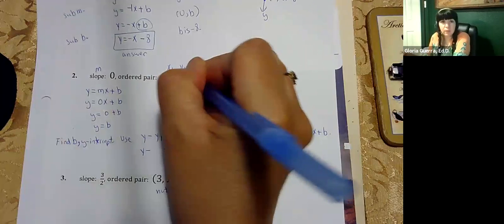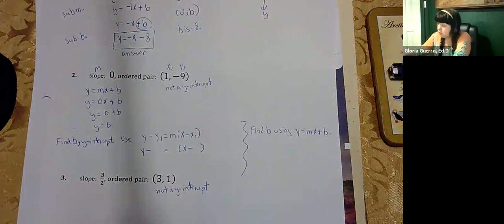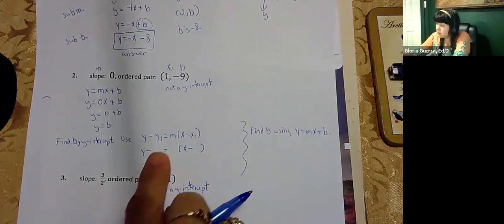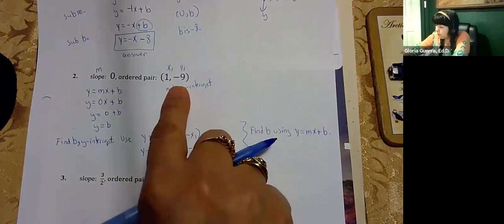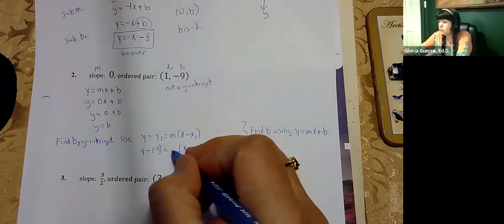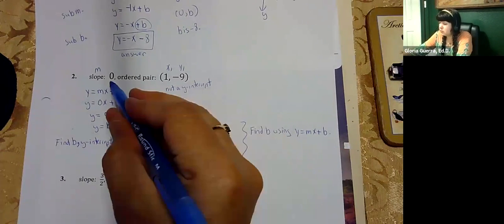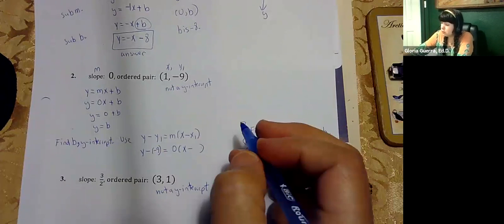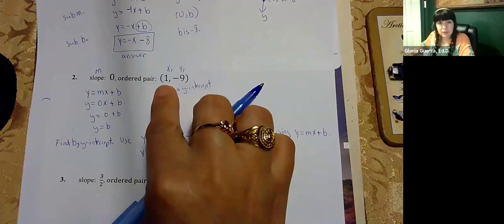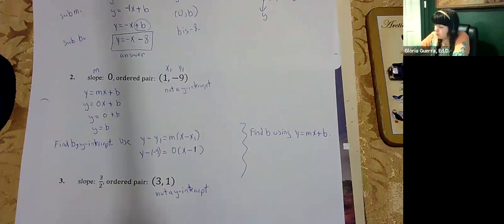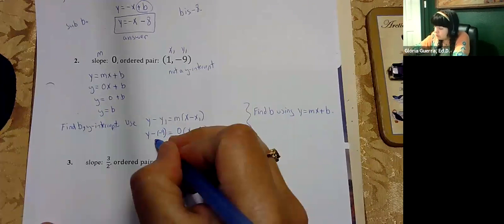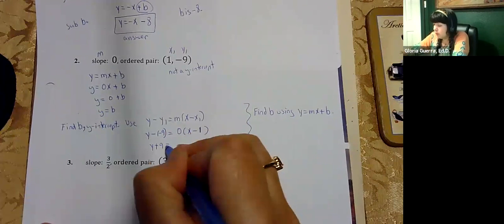That way I can substitute here: y1 is -9, m is 0 from over here, and x1 is 1 from right here. Then we could fix this up a little bit, two negatives side by side make a positive. And then we do the distributive property.